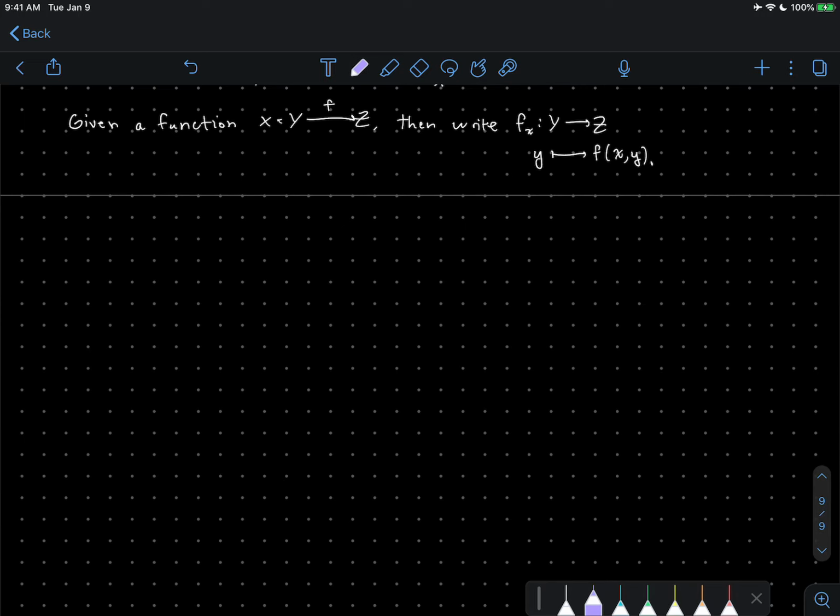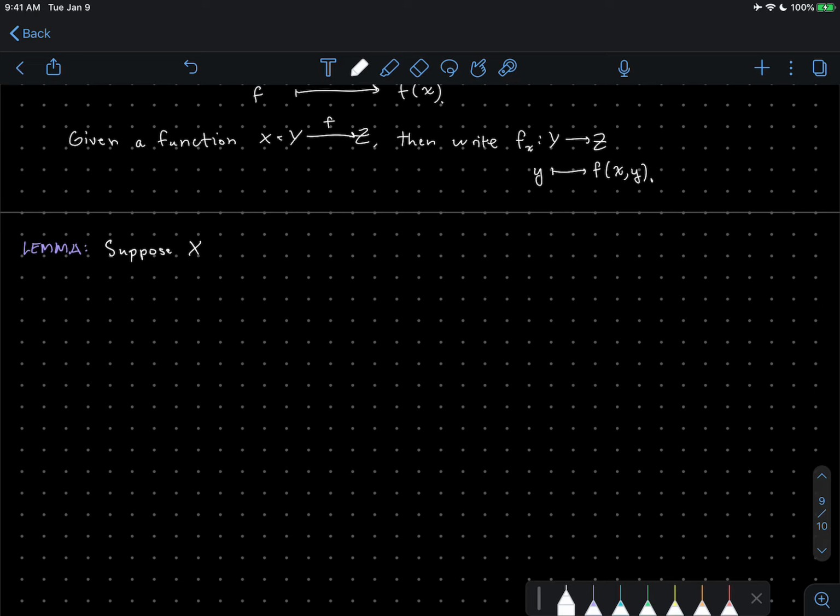All right, let's state another lemma. Suppose that X, Y, and Z are Hausdorff, and X is locally compact.